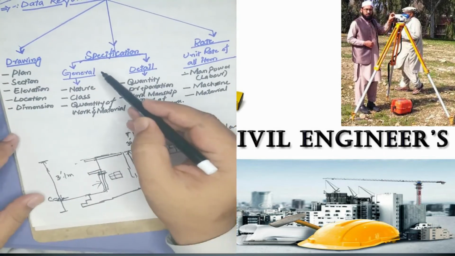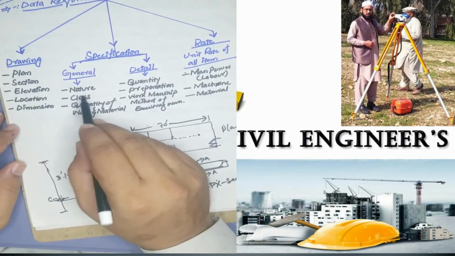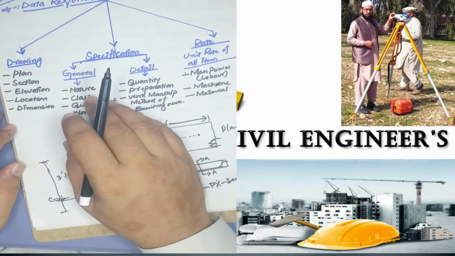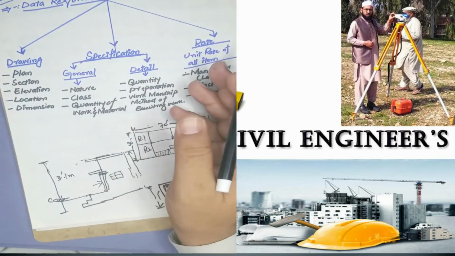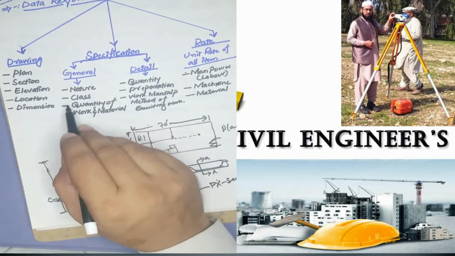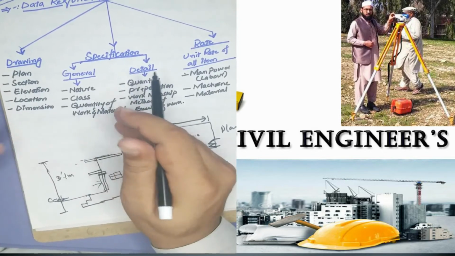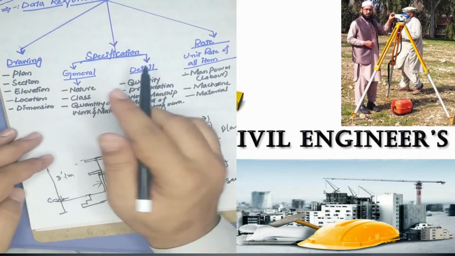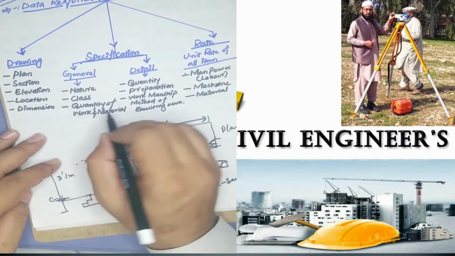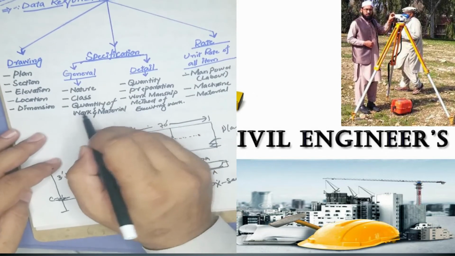In general specification, we mention the nature of work, meaning which type of work it is, and the class of work. Let's suppose we are using first class brick, so we will mention first class brick. In general specification we mention all these things.